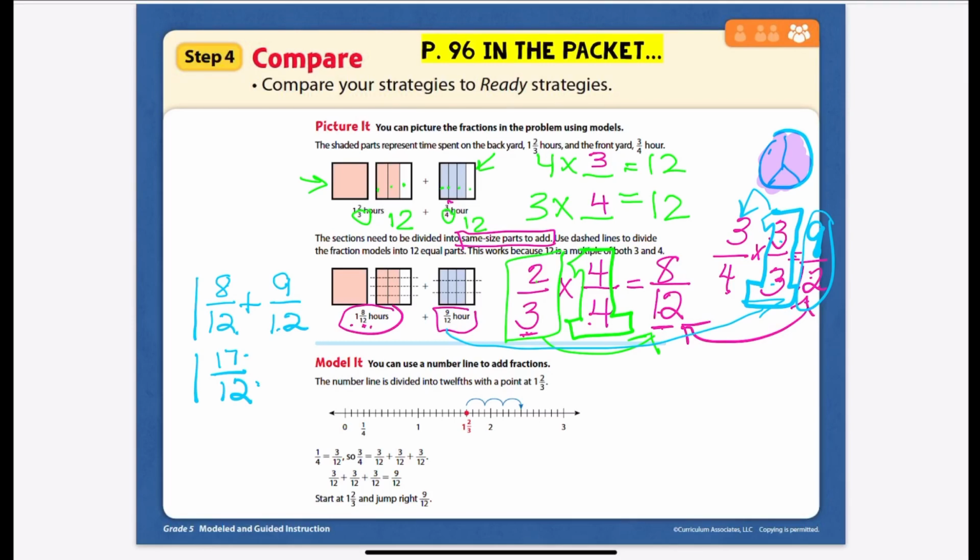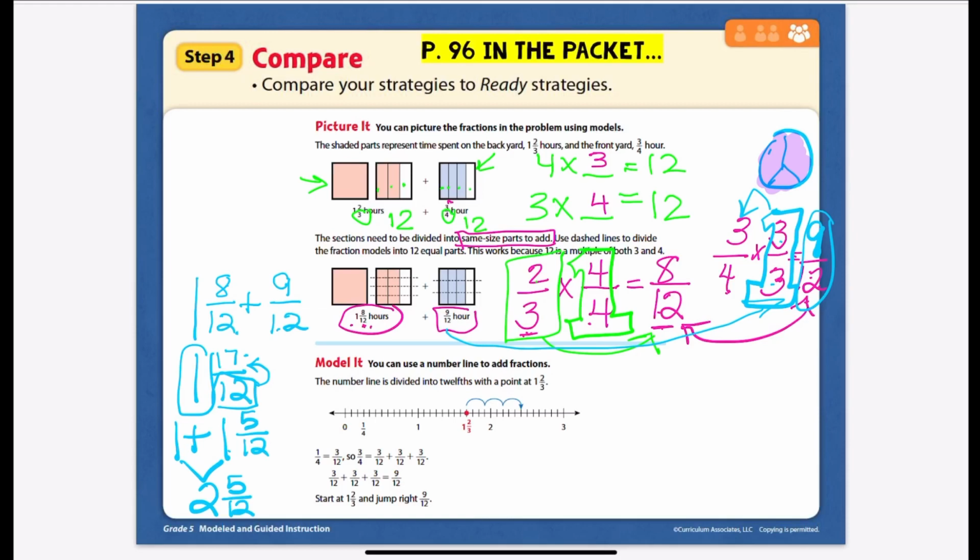So how many times can 12 go into 17? It can go in 1 time. We would have 5 left over, and we're going to keep our 12 on the bottom. And then we can't forget about this additional 1. So now we need to simplify, and we have 1 plus 1 would give us 2 and 5/12. And that's how you would combine those.